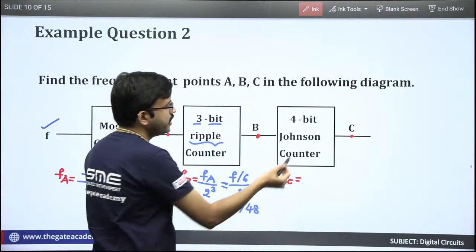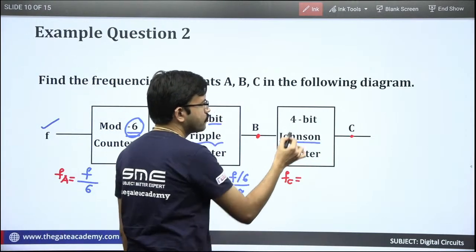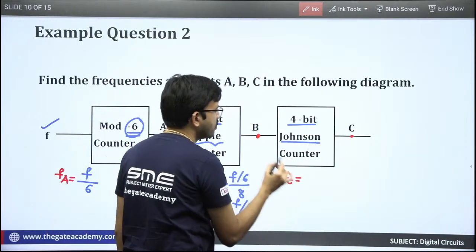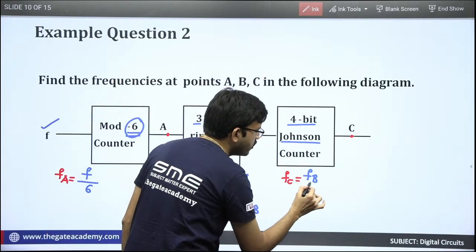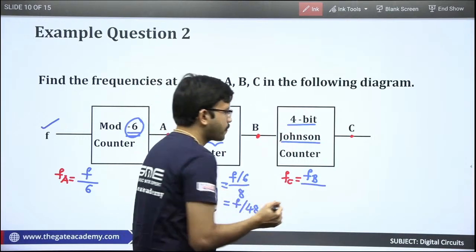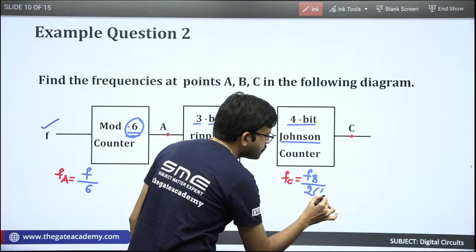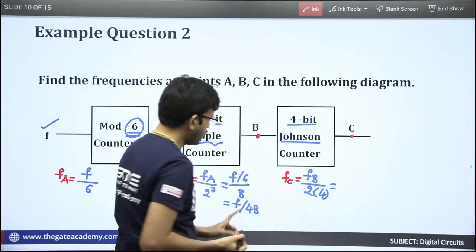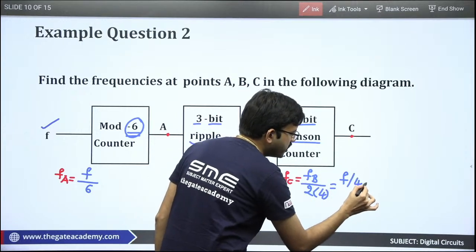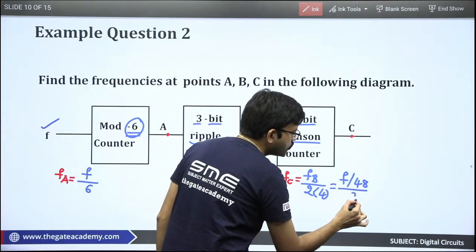Now here you are having a Johnson counter, a 4-bit Johnson counter, right. Here the output frequency is fc, the input frequency is fb divided by the number of states, which will be double the number of bits, 2 into 4. Here fb is nothing but f by 48, divided by 2 fours are 8.